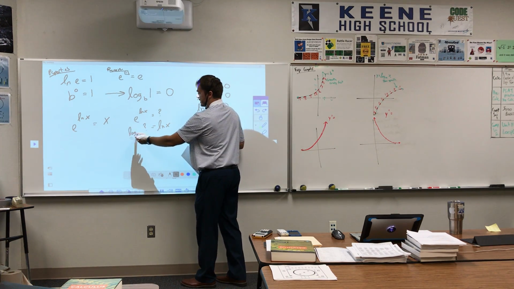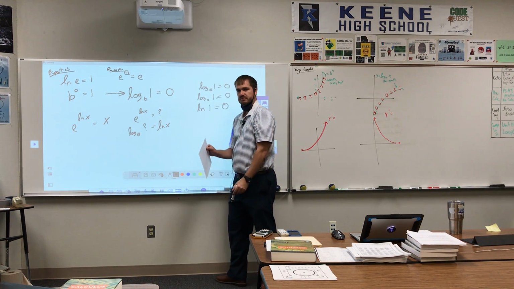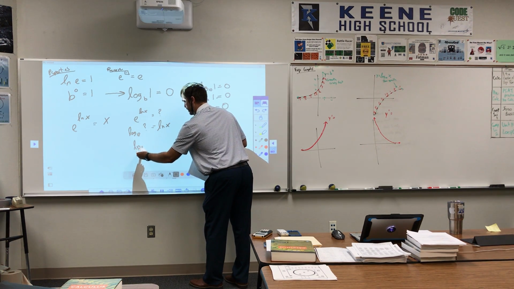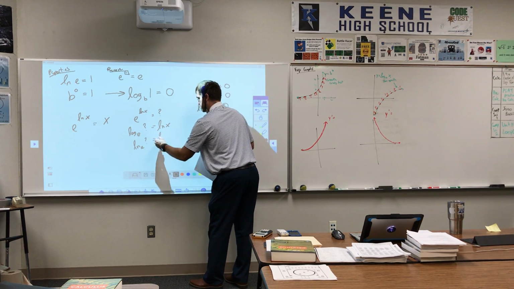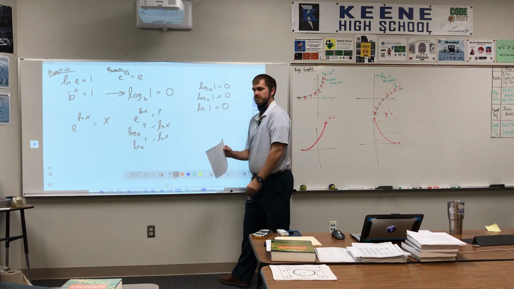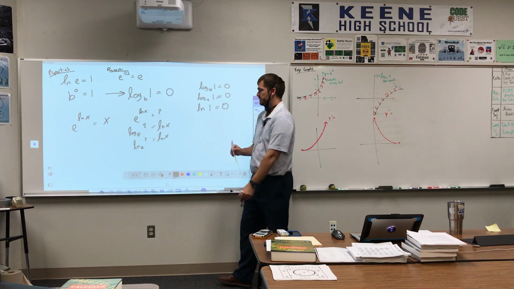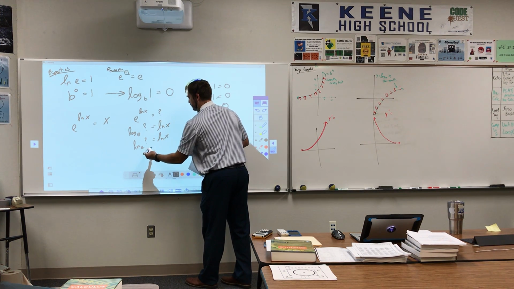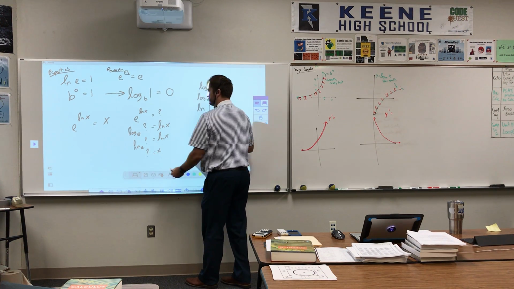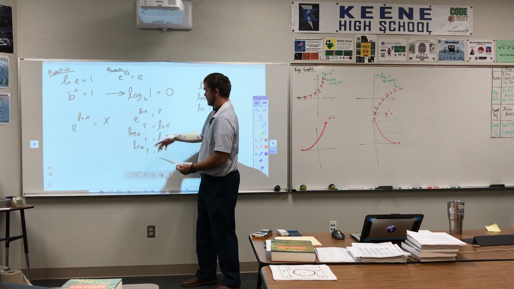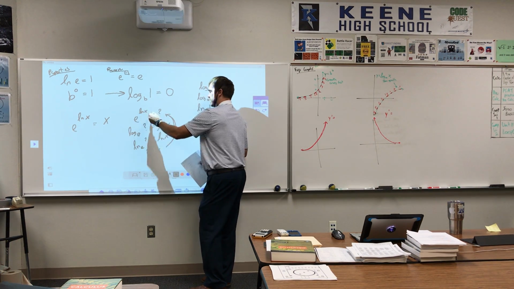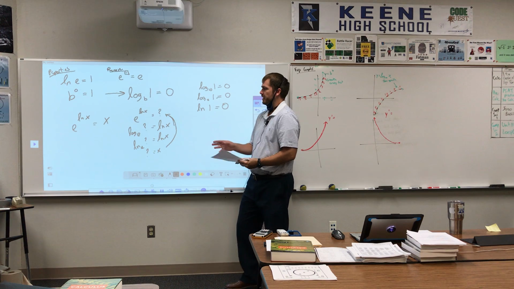So, class, what's another way of writing log base e? Natural log. So, ln of question mark equals ln x. What must question mark equal? Yeah, it must equal x. So question mark equals x. So therefore, e to the ln x equals x.